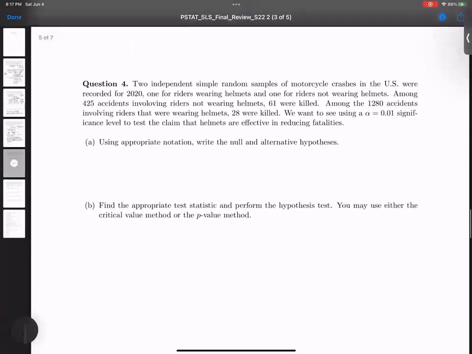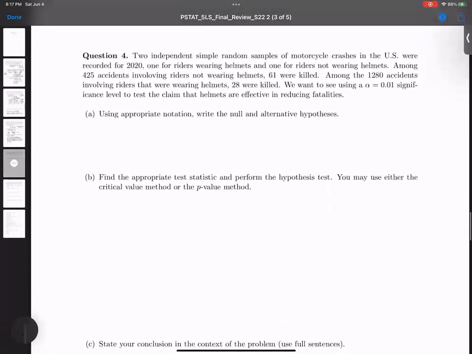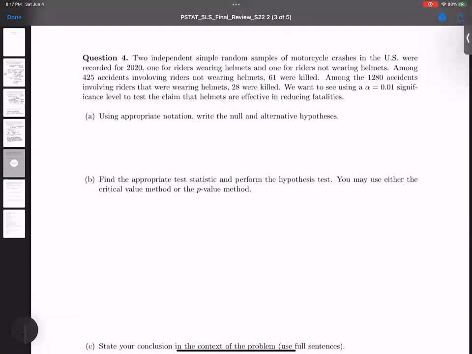So question 4, now we have 2 independent simple random samples of motorcycle crashes in the US recorded for 2020. One for riders wearing helmets and one for riders not wearing helmets. Among 425 accidents involving riders not wearing helmets, 61 were killed.